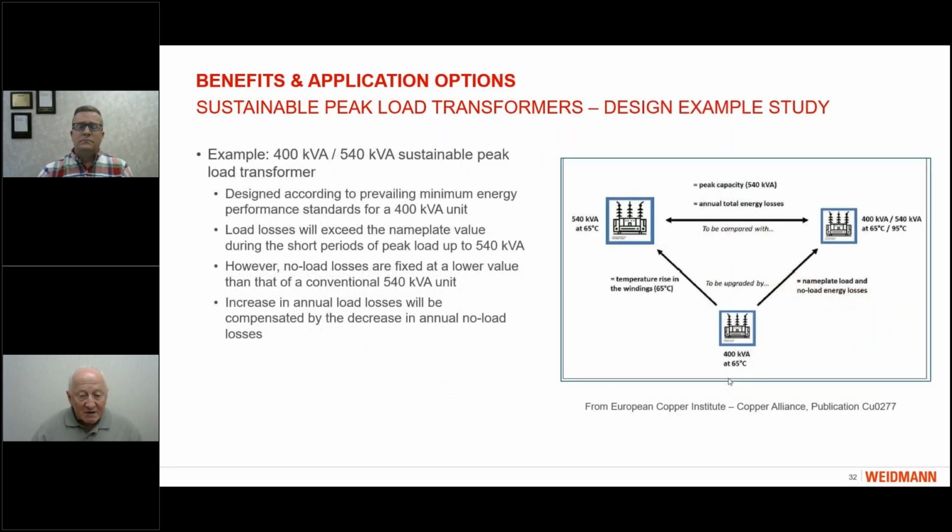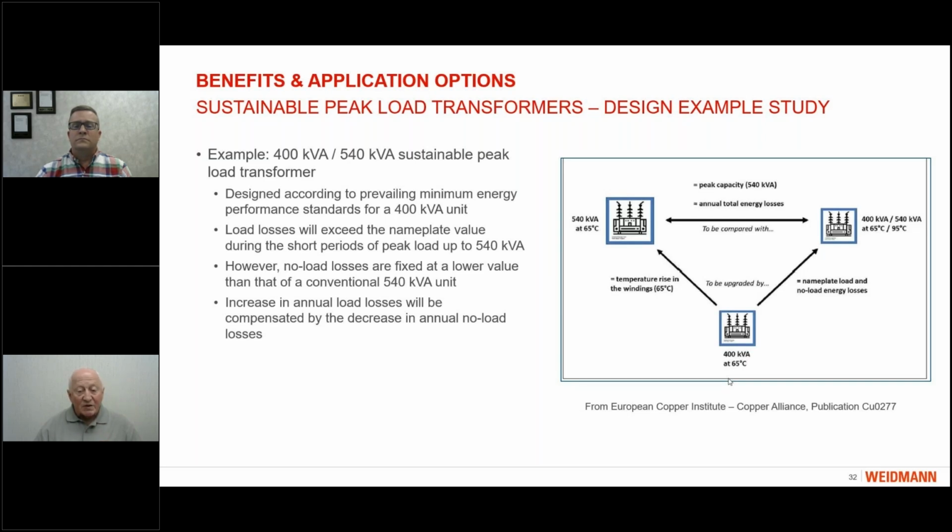One interesting example was discussed in this sustainable peak load transformer conversation. Here you see on the right-hand side that a transformer of dual rating 400 kVA / 440 kVA at 65/95 degrees Celsius can be used instead of a 540 kVA transformer at 65 degrees Celsius.